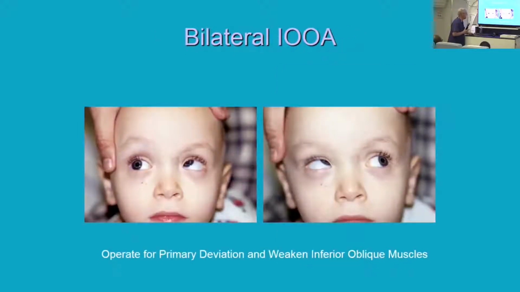So as you might expect, once again, he has bilateral overaction of the inferior obliques, and I'm pretty sure he's one that had medial rectus recessions when he was even younger, and then over time developed this bilateral inferior oblique overaction. And in a case like this, we did have to weaken the inferior obliques on him.